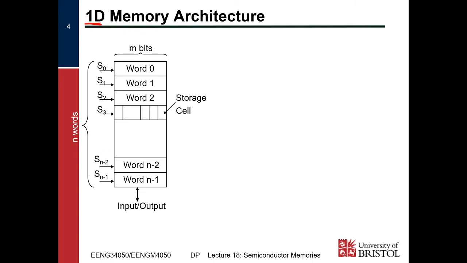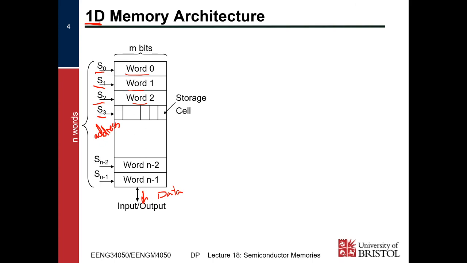We had a select line coming into the memory chip for each word of data. We would set one of these select lines high, and then the entire word would be output over the data line. So this would be the data, this would be the address, and we would just set one of these select lines high to select a particular word.